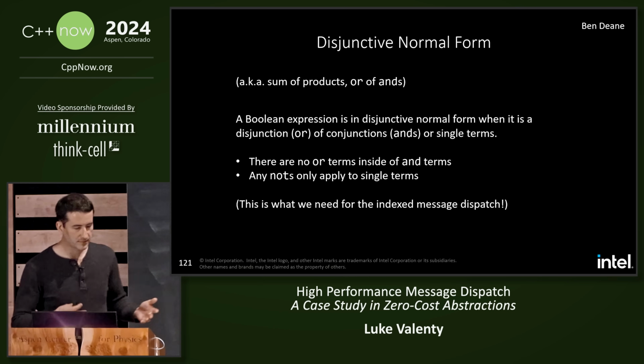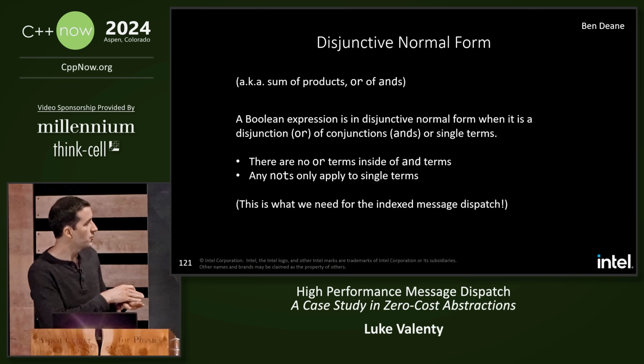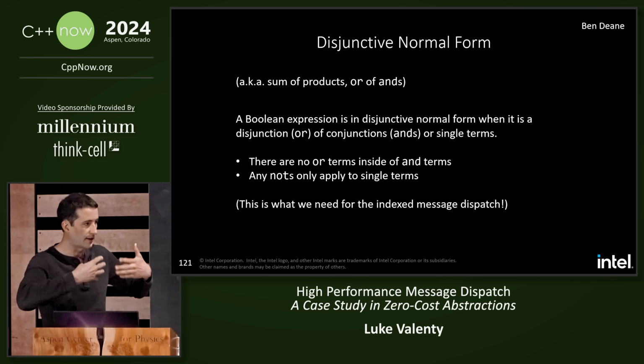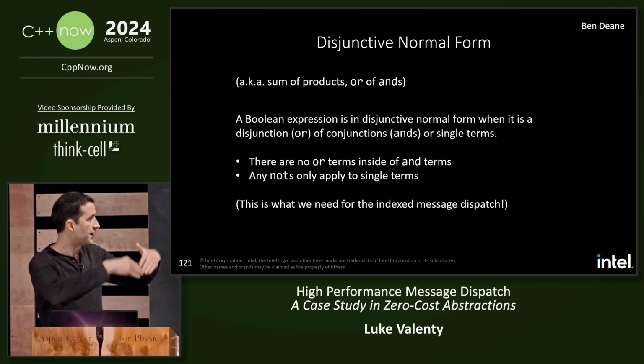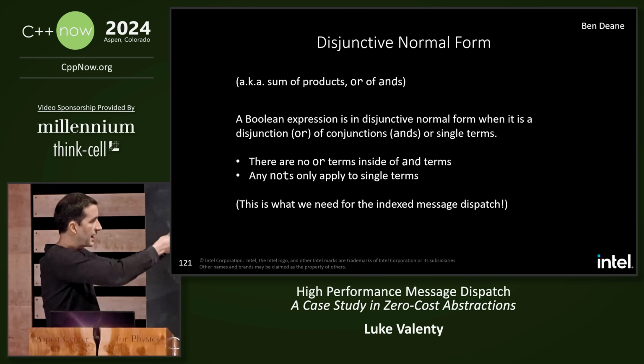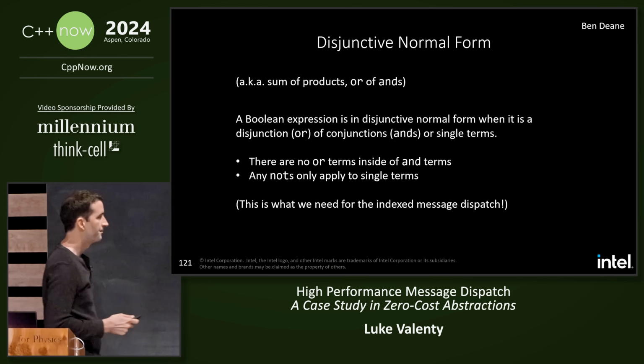It's like the tables that we saw, but with some additional rules. There are no OR terms inside any of the AND terms, right? It's a two-level tree. At the top, we have ORs. The ORs point to AND terms, nothing else below that, besides NOTs.